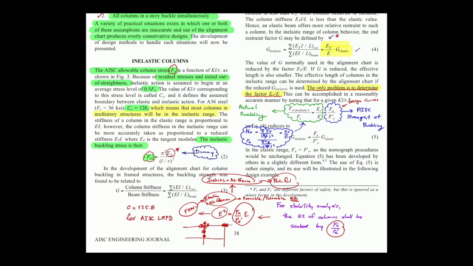So this paper could be useful for today's world. Aside from the sigma P concept, this could be useful for us when we conduct the stability analysis of the frame, and this is more precise than the use of the alignment chart.